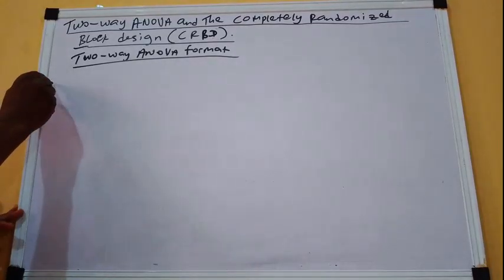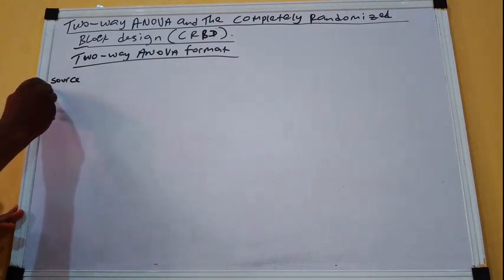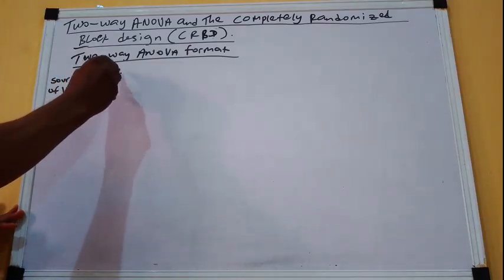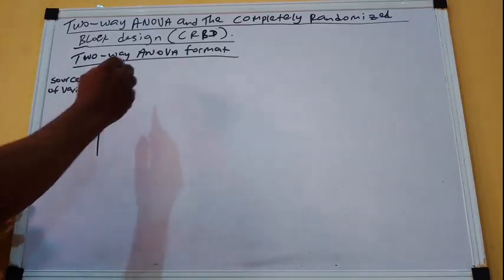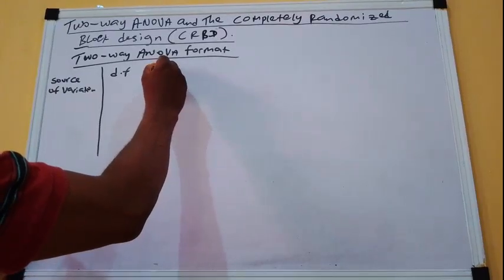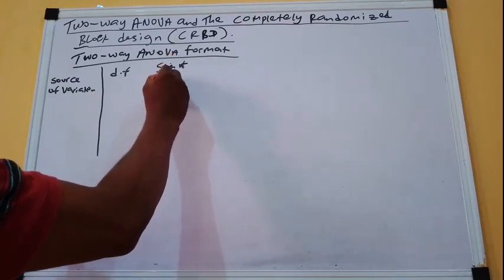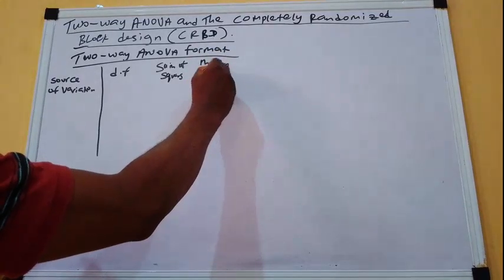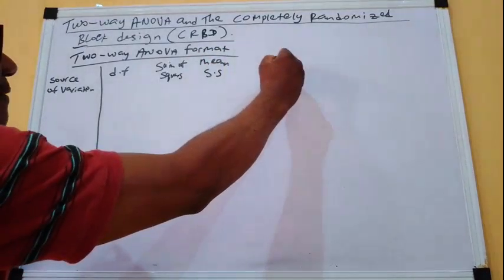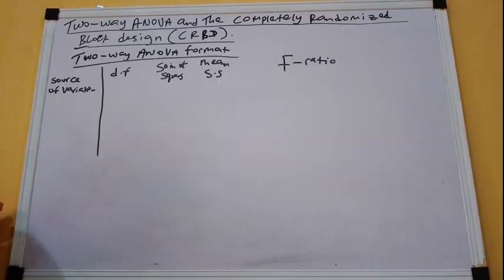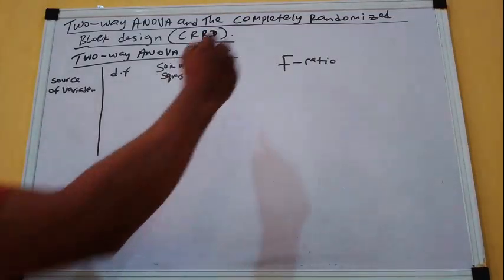So we have the source of variation, we have the degrees of freedom, we have the sum of squares, we have the mean sum of squares, and we have the F ratio. This F ratio is also called the Fisher ratio.